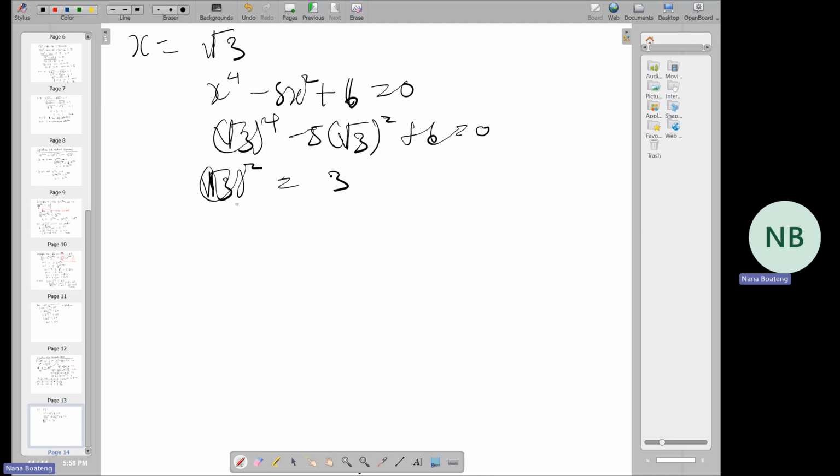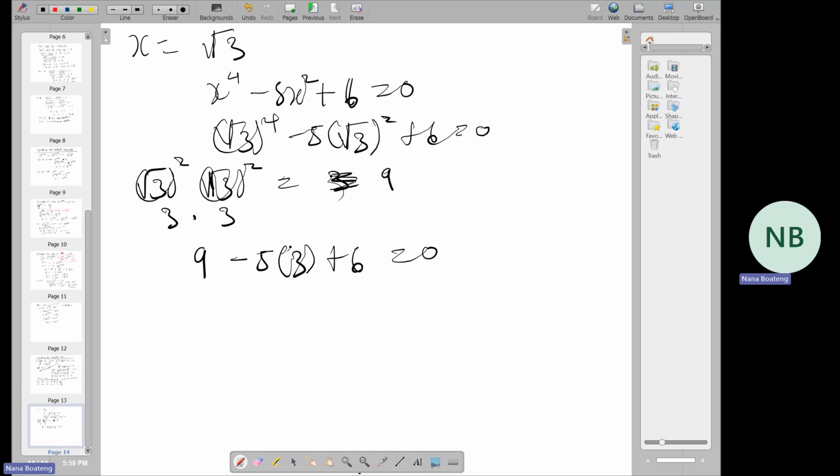So we have the square root of 3 squared times the square root of 3 squared. So we have 3 times 3, which equals 9. So we have 9 minus 5 times the square root of 3 squared, which is 3, so minus 15 plus 6 is equal to 0.